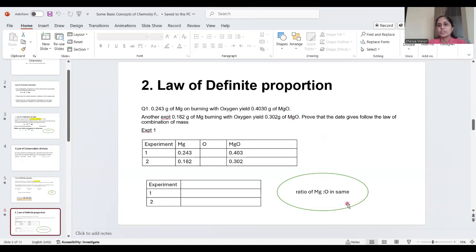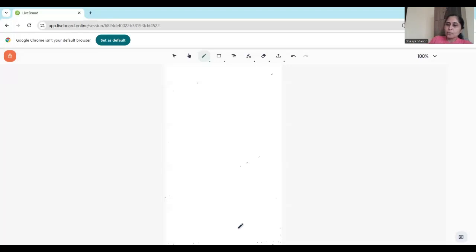I'll write down the information in tabular form. I'll just share the screen. Whatever information is there, I'll make it in the form of a table. So magnesium is reacting with oxygen, I'll write the symbol, and you have magnesium oxide. There are two experiments, 1 and 2.